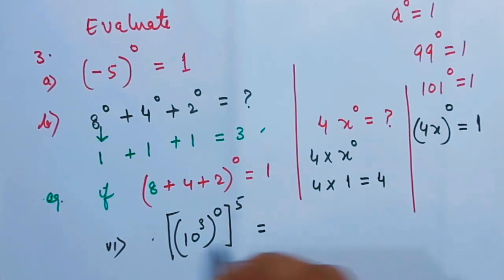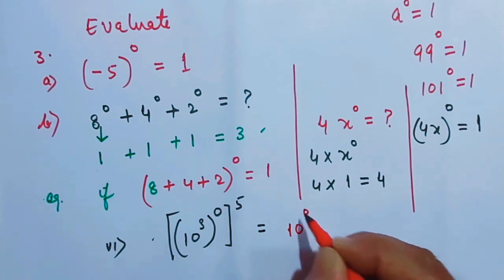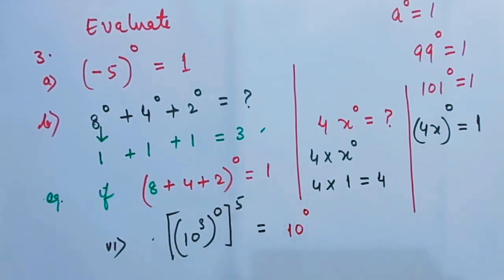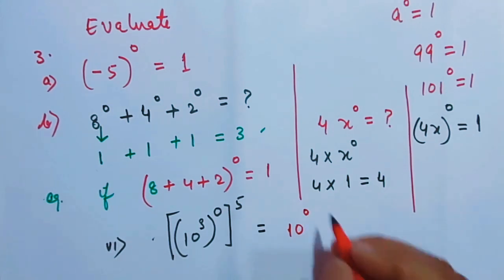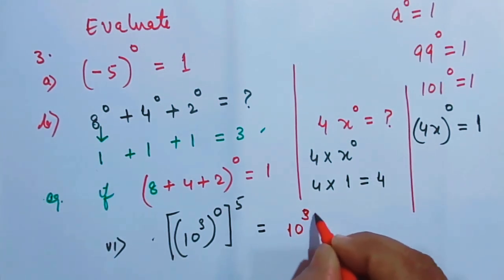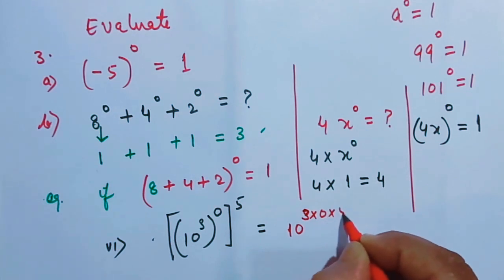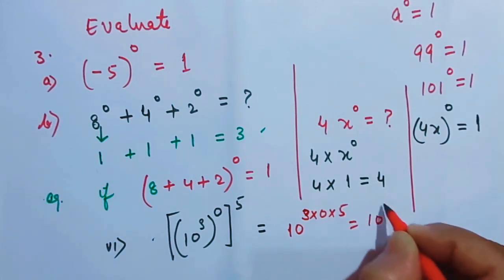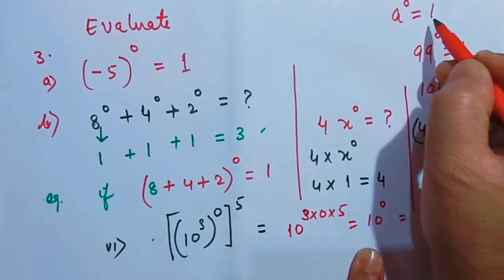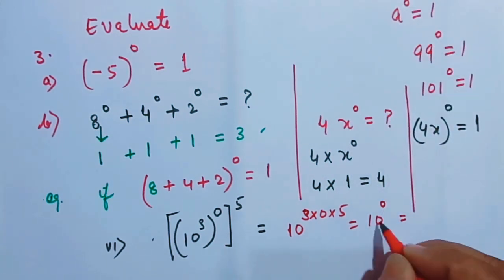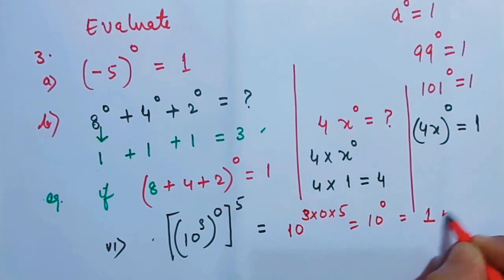Means if you simplify it, you will get 10 to the power 3 times 0 times 5. 3 times 0 times 5 will be equal to 0. So you get 10 to the power 0, and whenever a number is raised to the power 0, its value is 1. So 10 to the power 0, the value will be 1.